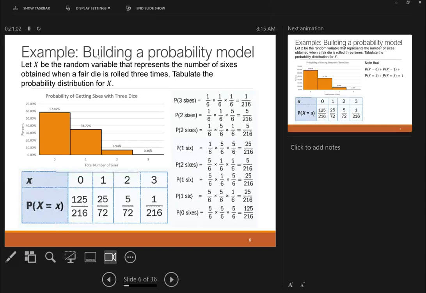Everybody's good with this? What's the difference between a histogram and a bar graph? Histogram, the bars touch. There's no gap in a histogram, unless there's a category with 0 in it, right? Okay.